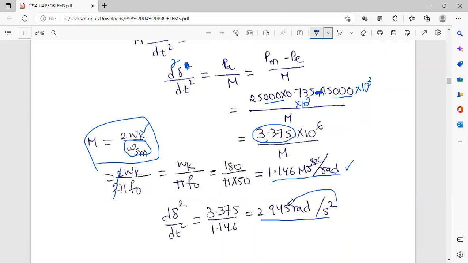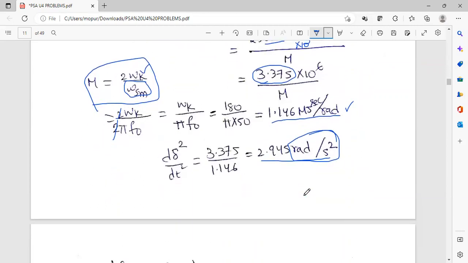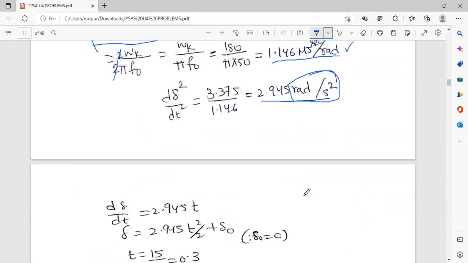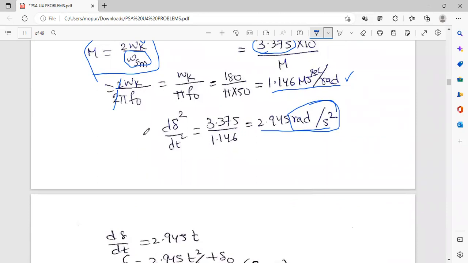This radian per second square is mechanical. Now you need to convert this into electrical radians, thereby you convert into electrical degrees. I had explained this. So for now, this is acceleration, A is equal to d square del by dt square. This is the second subdivision.